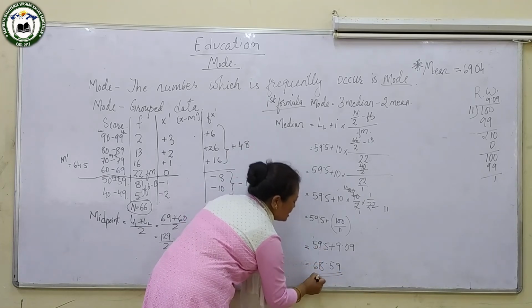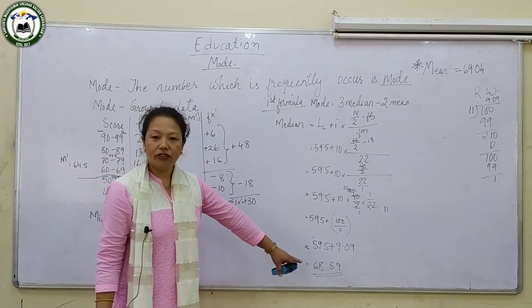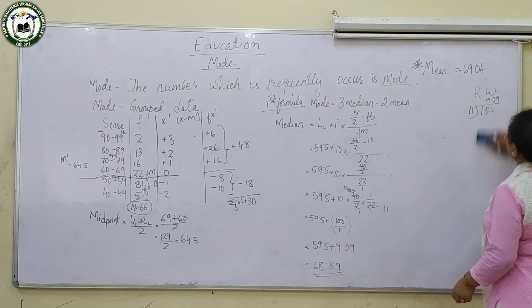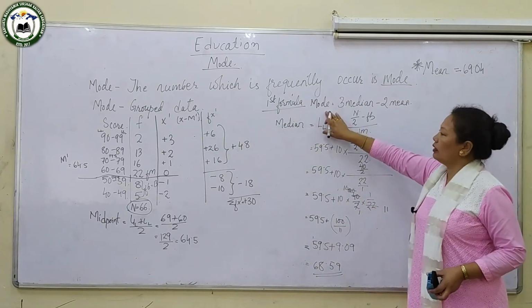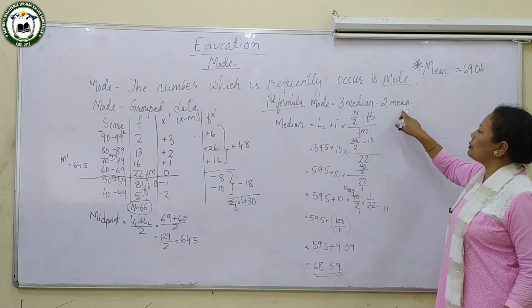So my median is 68.59. Okay. Now, since over here your formula is mode equal to 3 median minus 2 mean.